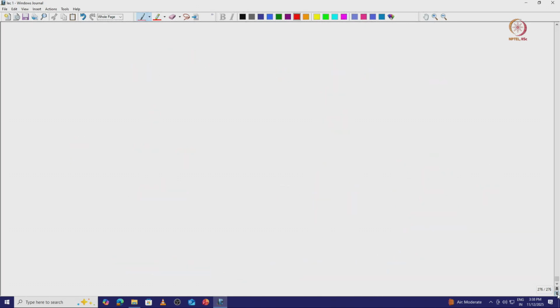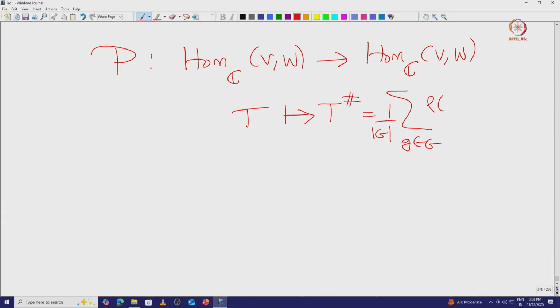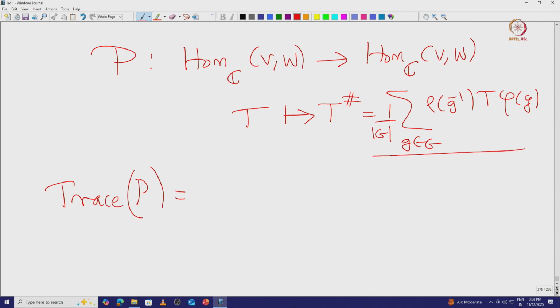This is indeed very useful, because recall that we had this operator P which is defined from Hom_C(V, W) to Hom_C(V, W), given by T goes to T hashtag, which is exactly the summation over G in the group of rho of G inverse T phi of G. So, the trace of this operator P is exactly the sum of the traces of these individual operators.